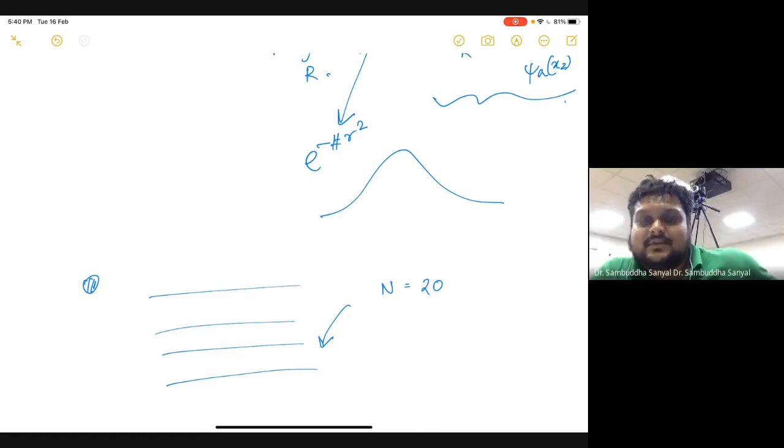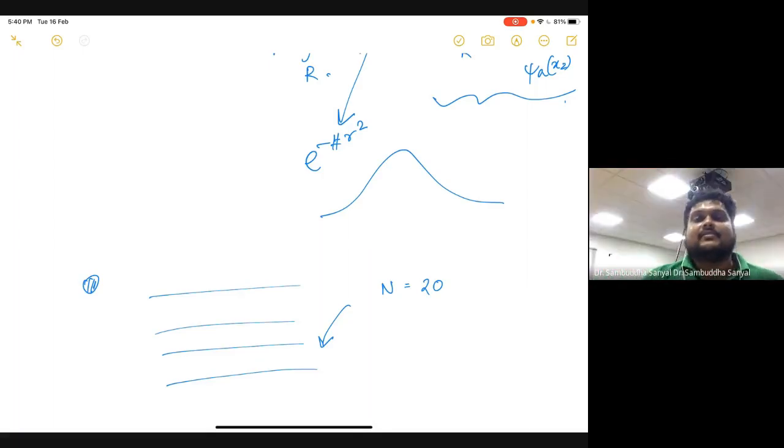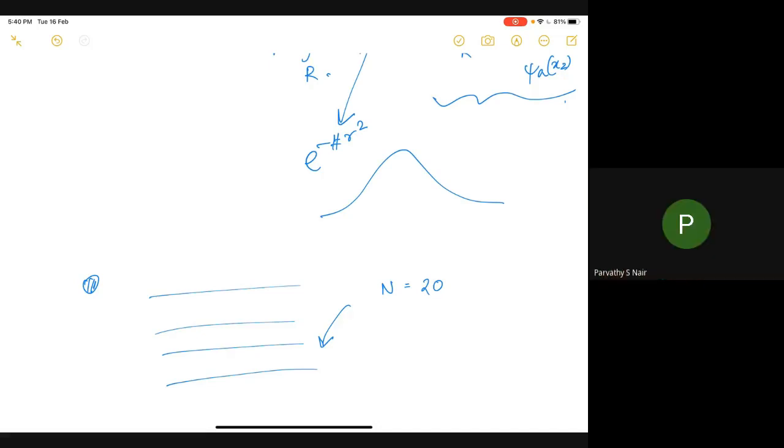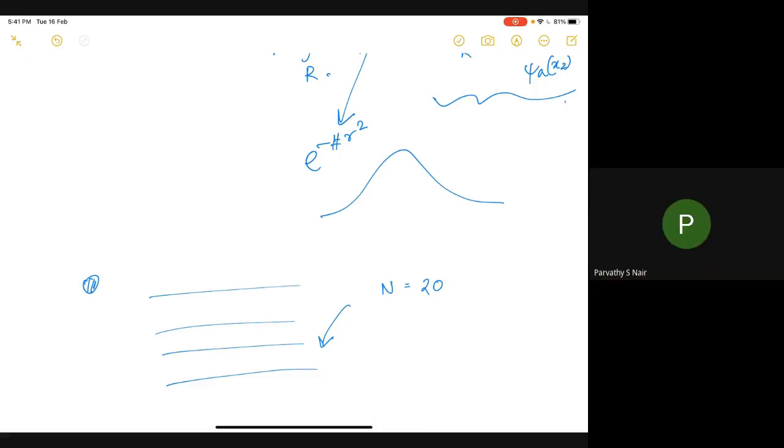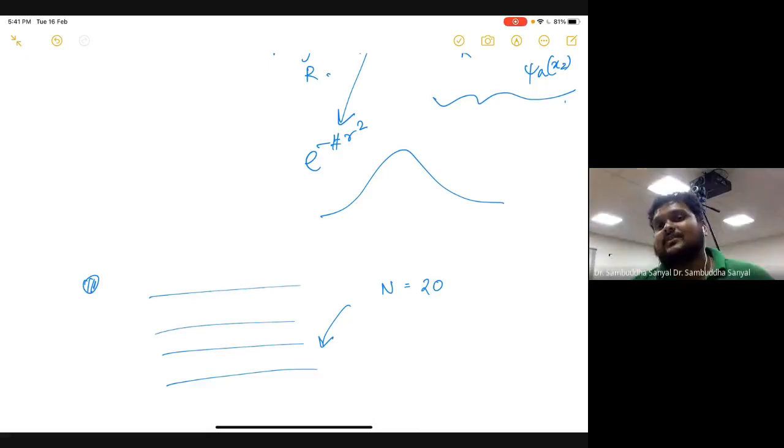But we have just seen that if we have a pair of electrons, we want the spatial part of the wave function to be bosonic, and we figured out how that can happen. It can only happen if the spin part is antisymmetric and the total wave function is antisymmetric. That is what we found. But for an atom there is no such constraint. An atom can be either bosonic or fermionic.